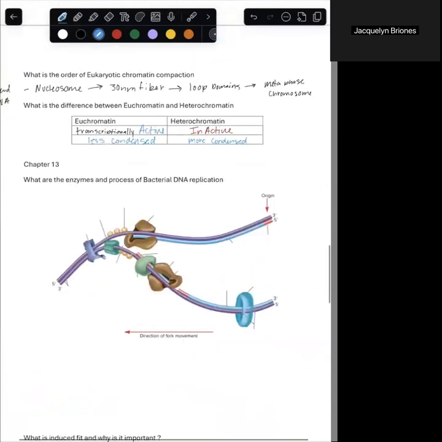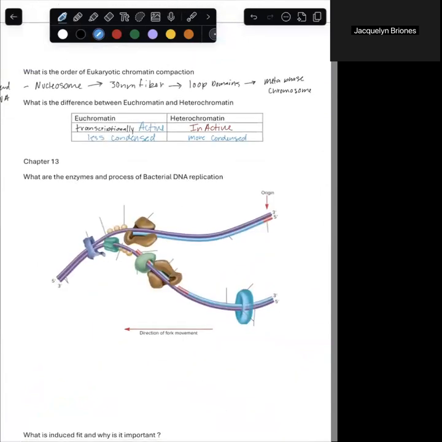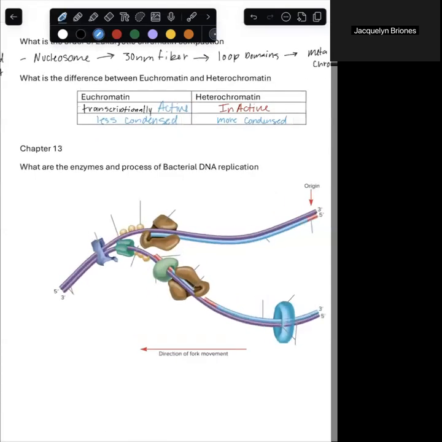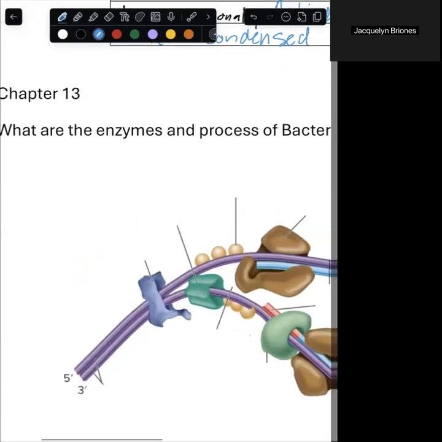Something to remember. Okay, now we get into the nitty-gritty. So my suggestion would be for you to have a blank copy like this and be able to name and give the function of what each of these do. So first we're gonna name them.